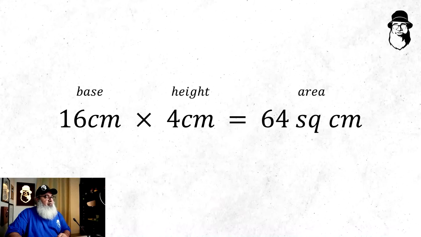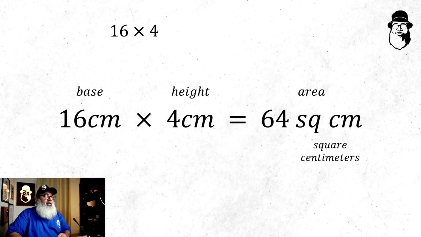And instead of writing the full words square centimeters, we just write sq cm. And we can find 16 by 4 by finding 8 by 4, that is 32, and then doubling it.